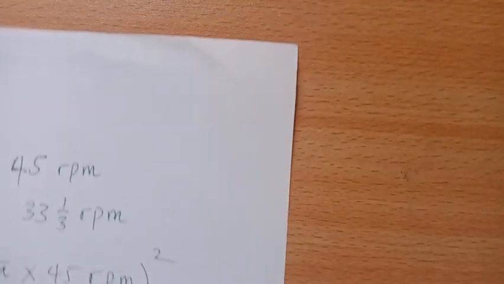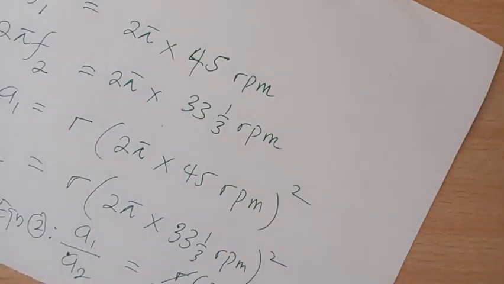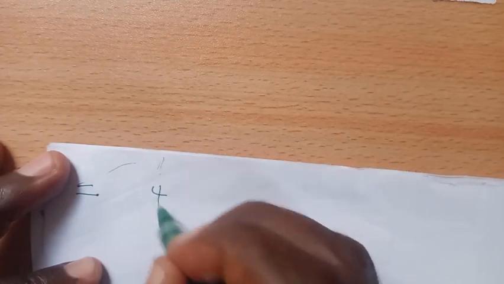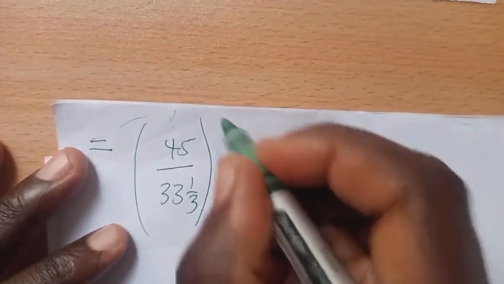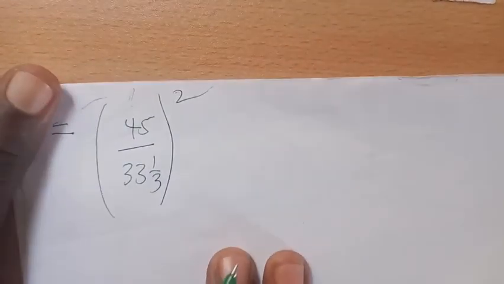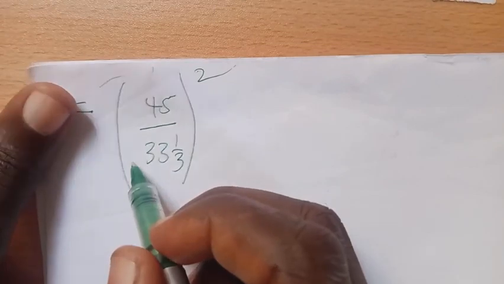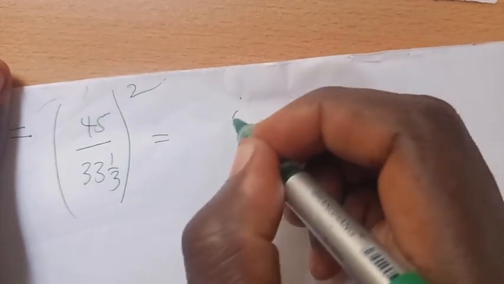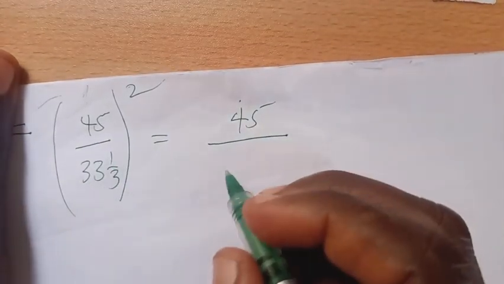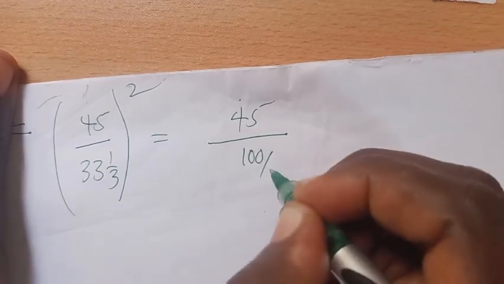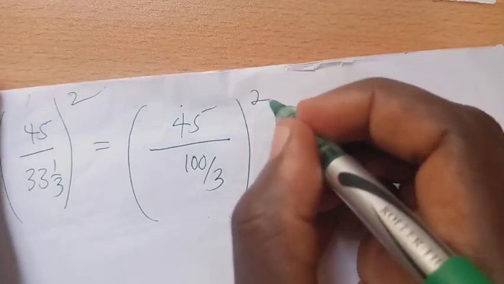So at the end, I am left with 45 divided by 33 1/3, everything with the square, so I will change this one to an improper fraction. 45 divided by 100 over 3, because 3 times 33 is 99, plus 1 gives 100 upon 3, and everything must have this square.